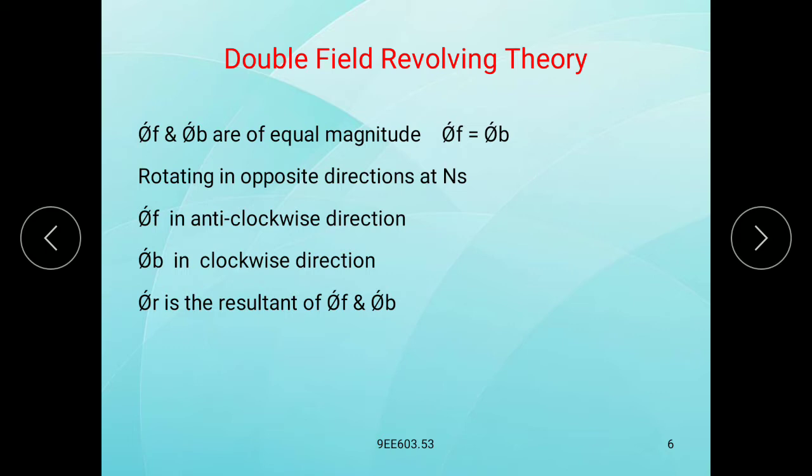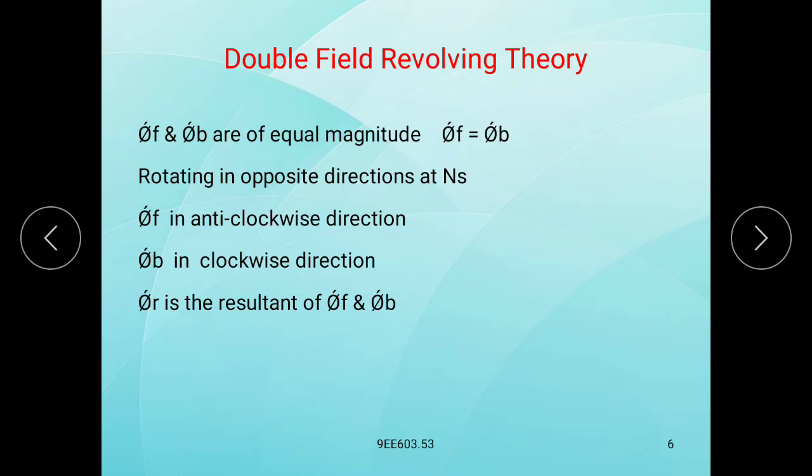These two fluxes rotate in opposite directions at synchronous speed Ns: the forward flux in the anti-clockwise direction and the backward flux in the clockwise direction.